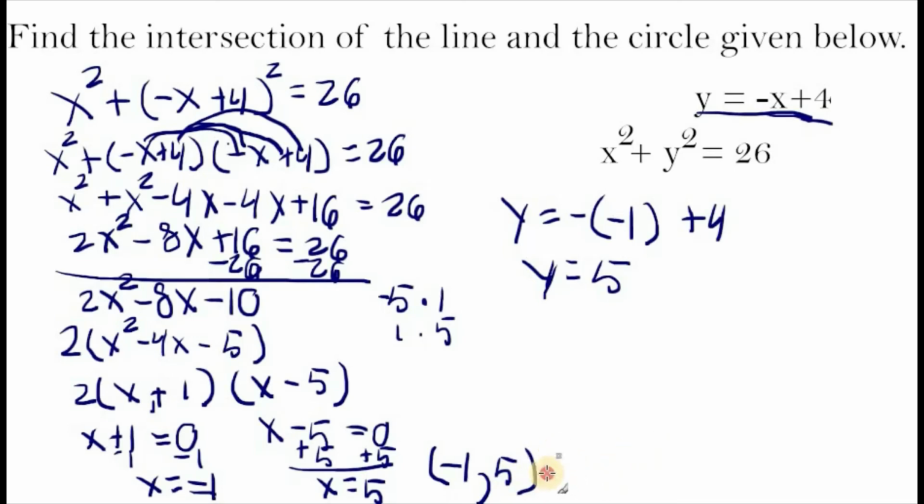And I'll do that for our second one. We're going to take this x coordinate, which is 5, and plug it into this equation here. So we're going to have y is equal to negative, in parentheses 5, close parentheses, plus 4.